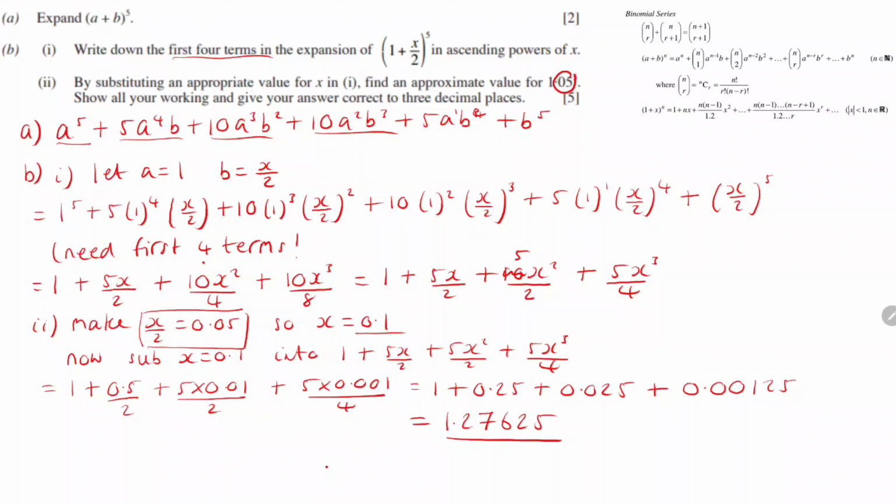So we were substituting 0.1 again into this question. That was a basic substitution in there, which gave you the values of 1 plus 0.25, 0.025, and 0.00125, and then it was an addition for all of them, which gave you this as your final answer, hopefully.